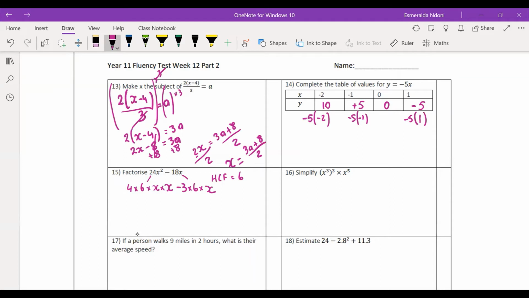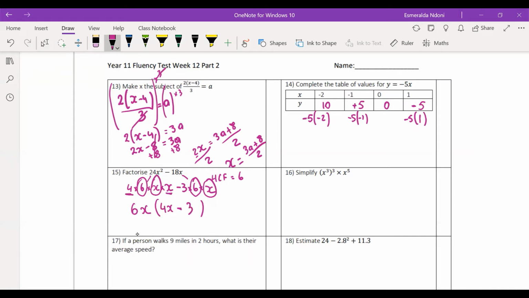Okay, I am going to now find what's in common here. So I have this 6 and I have this 6, so that comes out of the brackets. Then I have an x that's in common there and another one that's in common there, so that comes out too. You're left with 4x, and in here, you're left with just the 3.